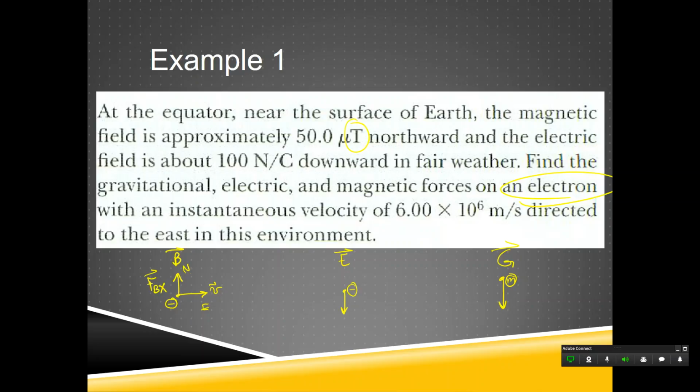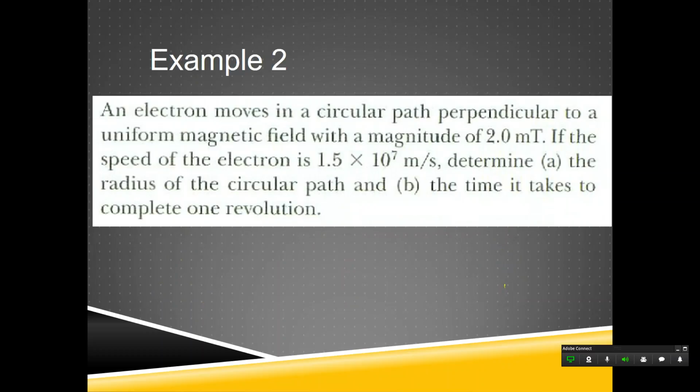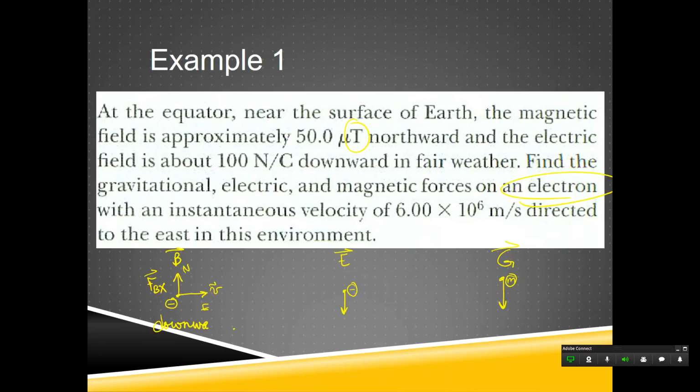The vector is going that way. My magnetic field is going up, and therefore my magnetic force is going into the paper.